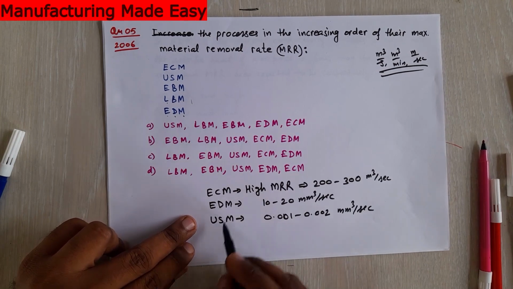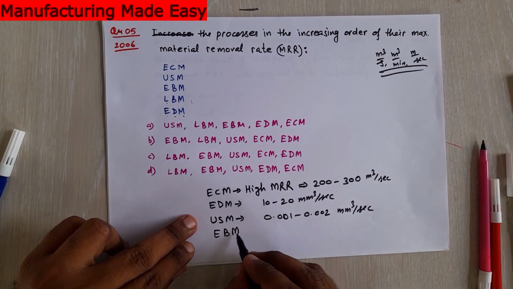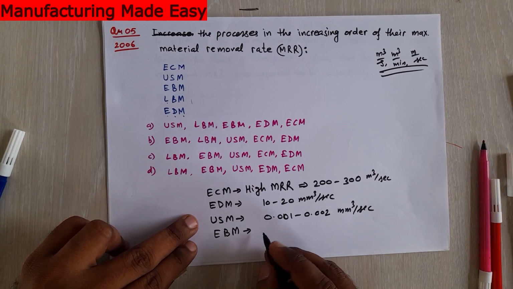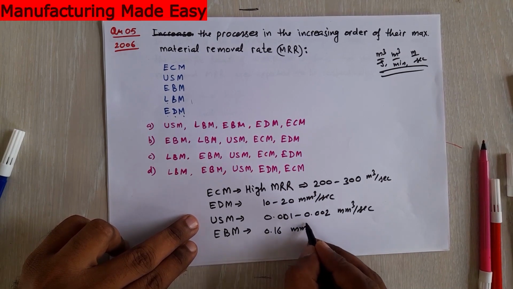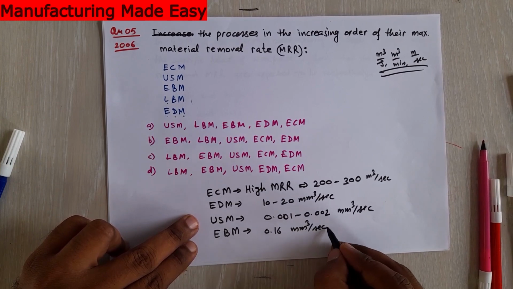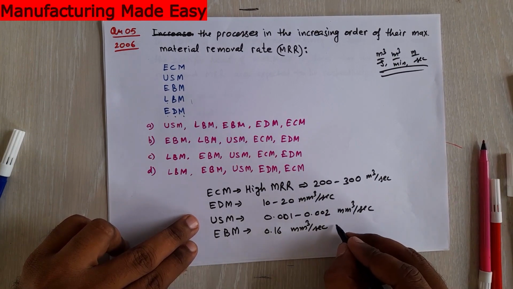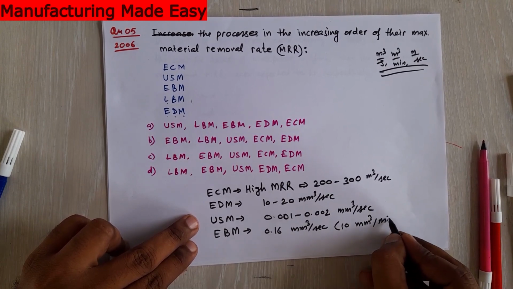And then EBM, electron beam machining: in mm cube per second it is generally 0.16 mm cube per second, or in terms of mm cube per minute, it is 10 mm cube per minute.